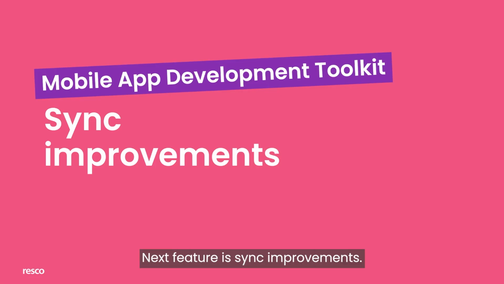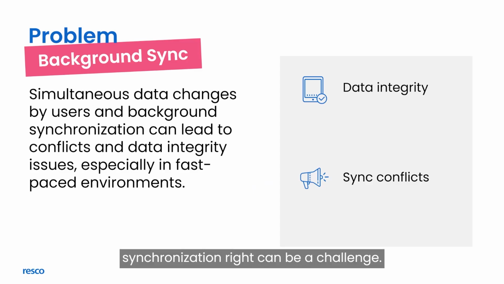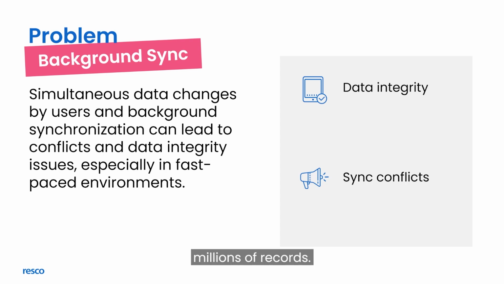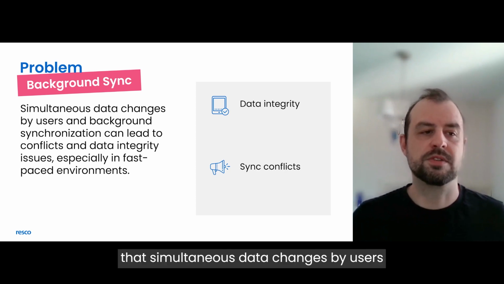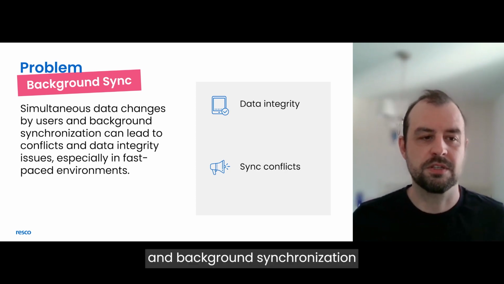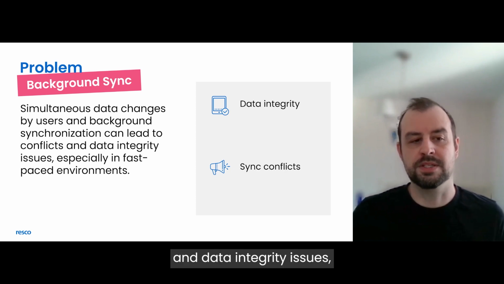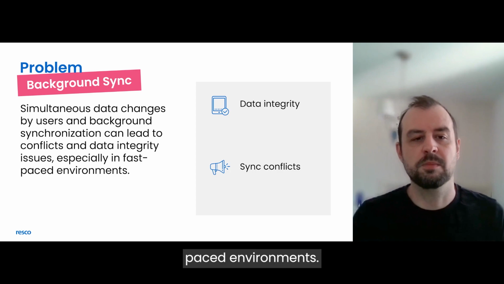Next feature is sync improvements. And what does it mean? What do we have here? Setting up synchronization right can be a challenge, especially if you need to synchronize millions of records. The problem here can be that simultaneous data changes by users and background synchronization can lead to conflicts and data integrity issues, especially in fast-paced environments.